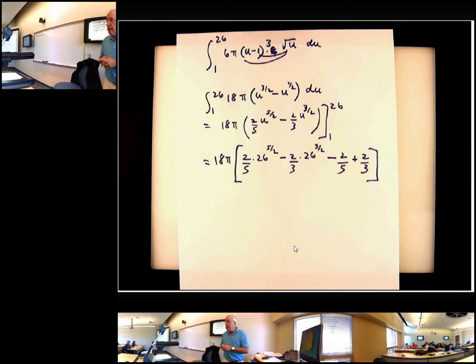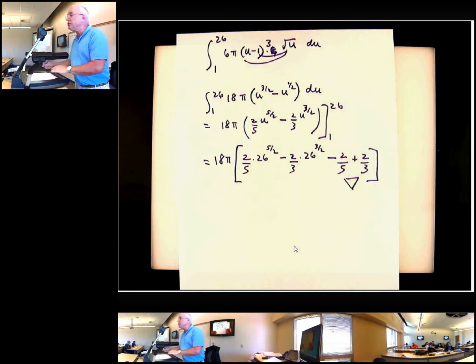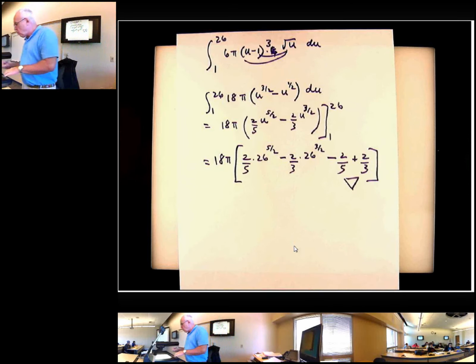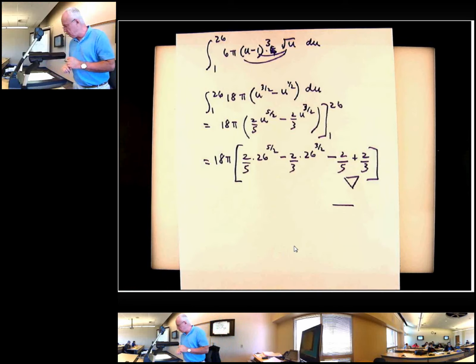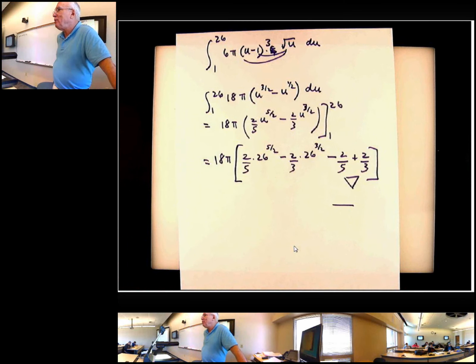The only other thing I would be interested in with this is just combining these two fractions together. So what would that give us? I just like to do the little cross-multiplying deal.